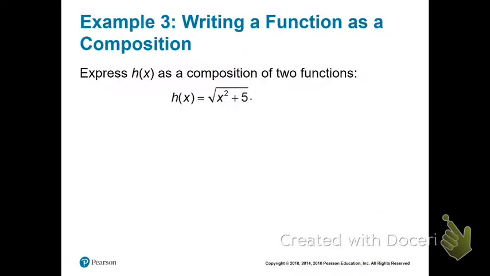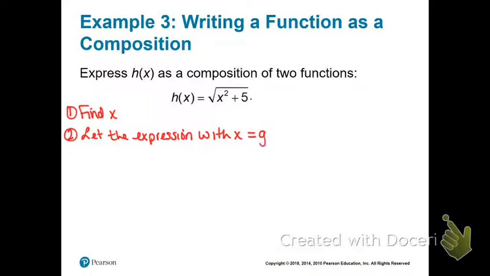Then they want us to switch it up. Now they've given us this composition, and they want us to write what the two functions are, okay? So in order to do that, the first thing we're going to do is we need to find x. Then we're going to let the expression with x equal our g of x.